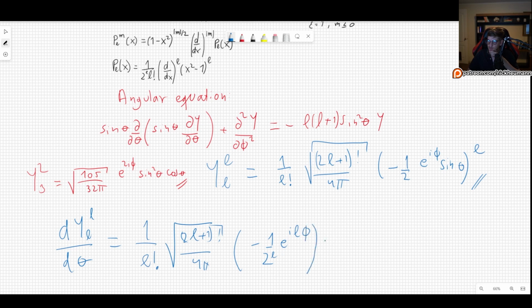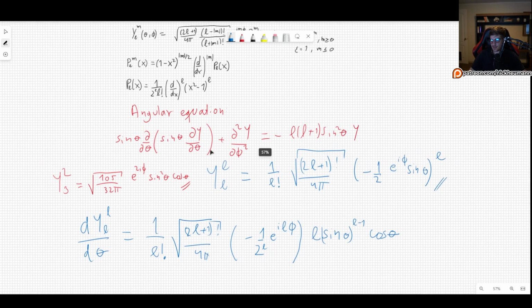I'm going to write it like this just because I want to make this as clear as possible. So we have sine of theta to the L. So we are taking the derivative of sine to the L of theta. So we have to apply the chain rule: L times sine of theta to the L minus 1 times now the derivative of what is inside, which would be cosine of theta. So that is what we get.